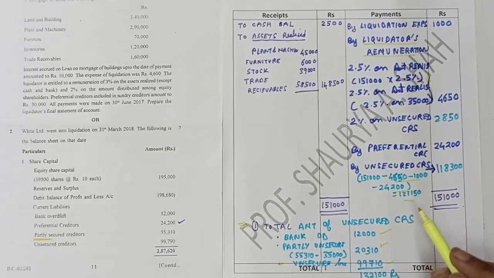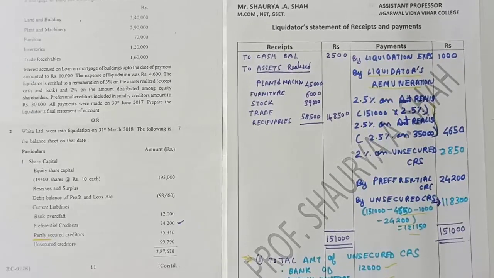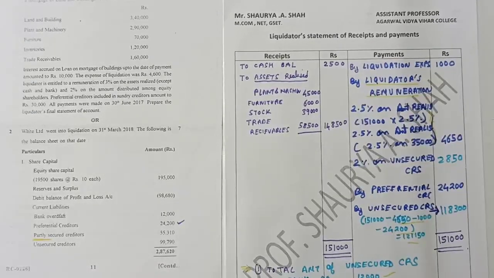So at the end you find out receipt minus payment, and then you get the actual answer. Whatever amount is left has two things: one is the liquidator's remuneration, and the second is the actual amount to be paid to unsecured creditors. So you will calculate that. I suppose it is clear.